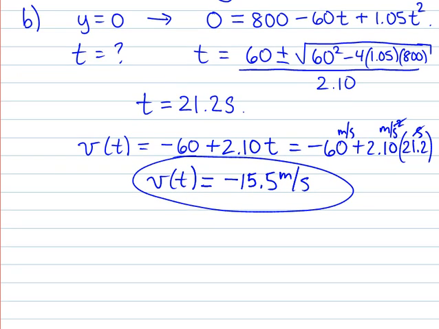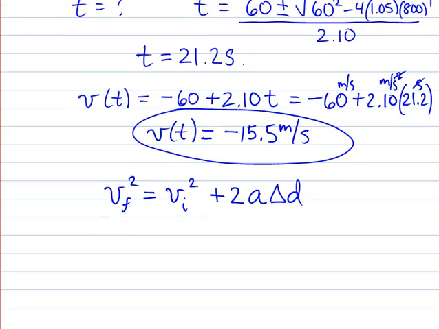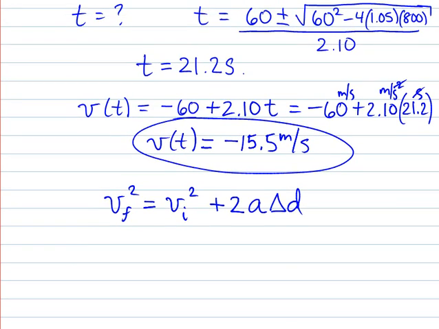Okay, now there's another thing that we could do to check our work. We could use the so-called forgotten equation. Well, that's at least how I teach it in class. And this says that v final squared is equal to v initial squared plus 2 times acceleration times change in distance. Okay, so we could probably solve this in one step. Well, v final is what we want.